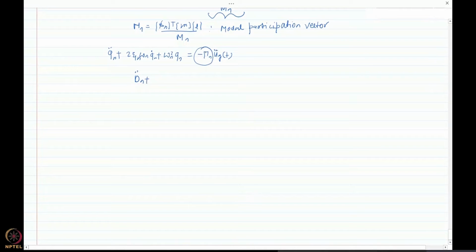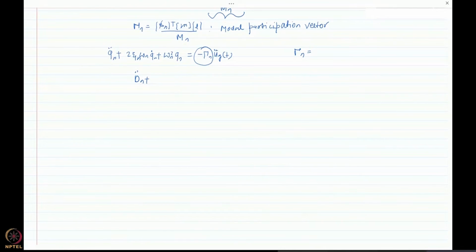This is somewhat the relationship between the single degree of freedom system and the multiple degree of freedom system. If you just consider q to be any variable, this is a single degree of freedom system. Only this gamma n, the modal participation factor, represents how my single degree of freedom system is related to the overall multi-degree of freedom system.